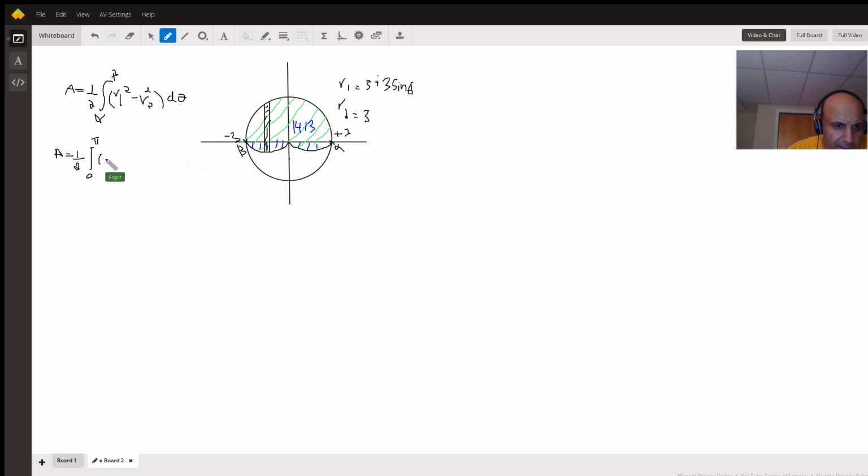So we can write that down as 3 plus 3 sine theta, the whole thing squared, minus R2 squared, minus 3 squared, all of that into d theta.